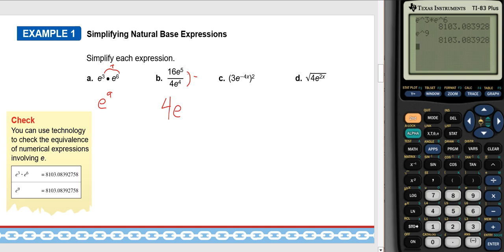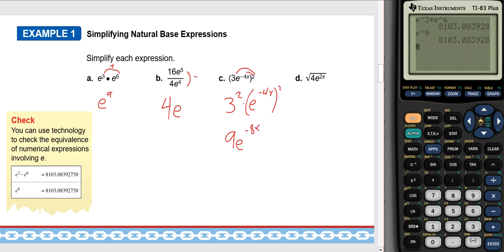Looking at example 1c, we're going to square everything inside the parentheses. So we will essentially have 3 squared times e to the negative 4x, also squared. You will probably, in reality, do this step with mental math. So this would be 9e to the negative 8x.